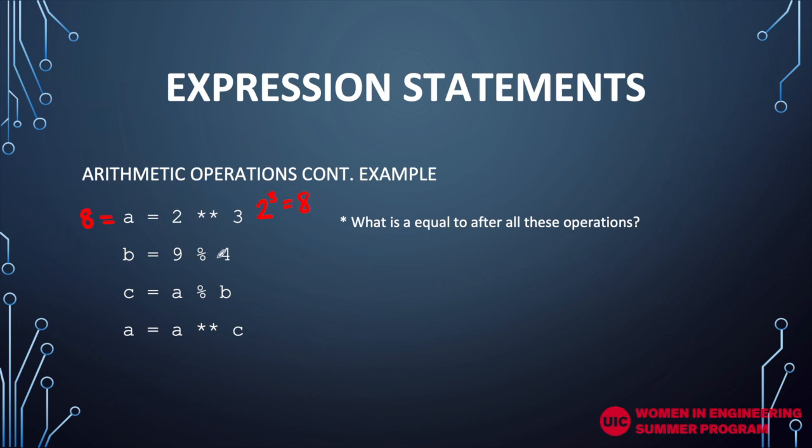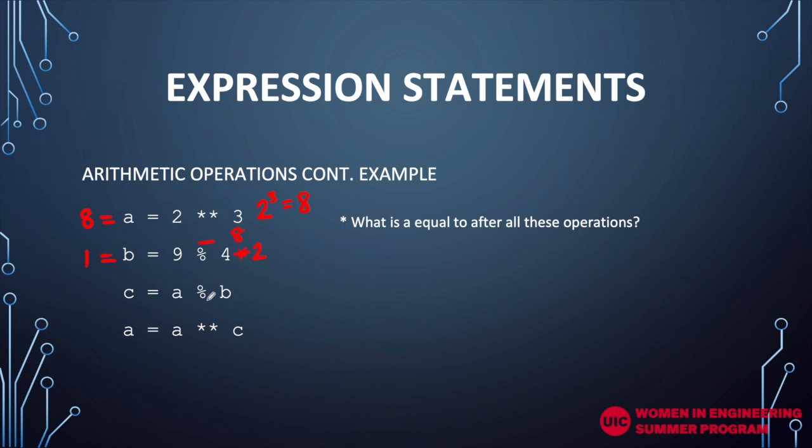9 mod 4. So how many times does 4 go into 9 without overflowing? Twice. And so that equals 8 because 4 times 2 is 8. 9 minus 8, that is 1. So 1 gets stored into B. All right, let's do A mod B now.